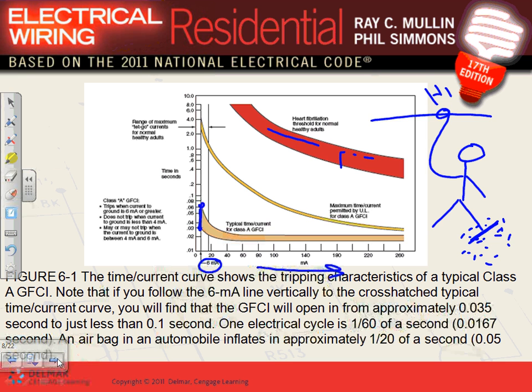We consider milliseconds, approximately 0.035 of a second. That's fast. If you allow it, take this: if you have 180 milliamps and keep going all the way up, this is in seconds, 1 second. Allow 180 milliamps for 1 second, your heart will stop.